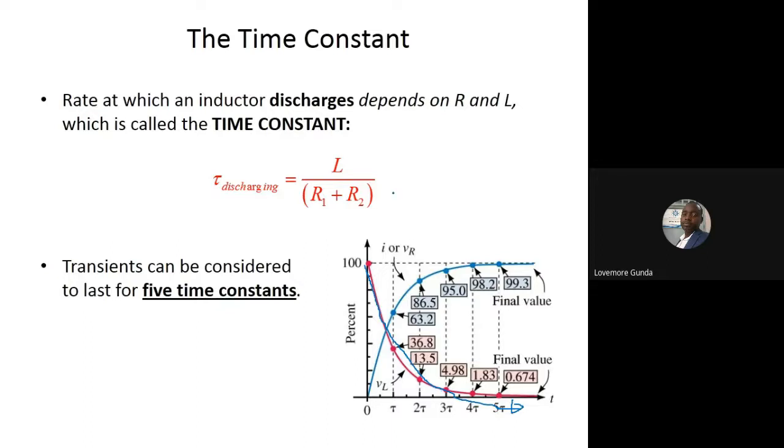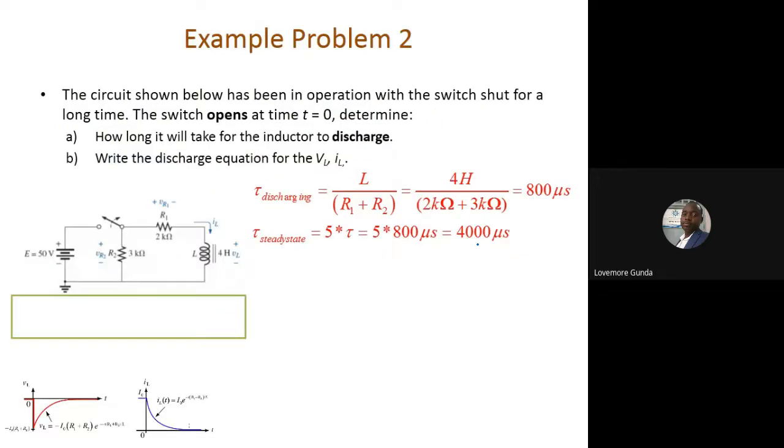So you realize that in the discharge, VL goes to 0, IL goes to 0, VR1 goes to 0, VR2 goes to 0.